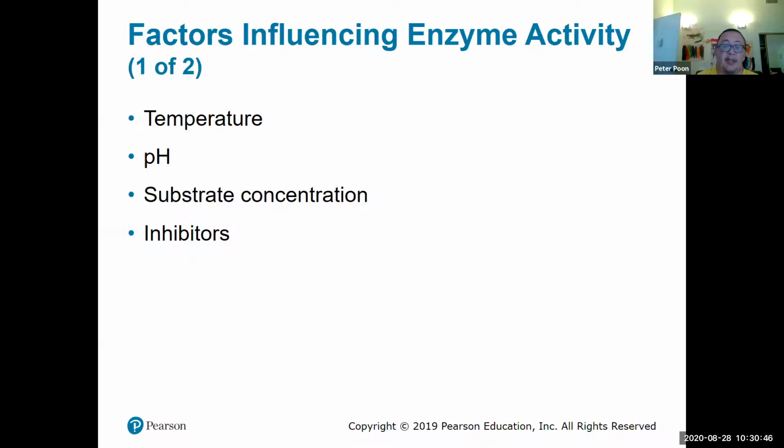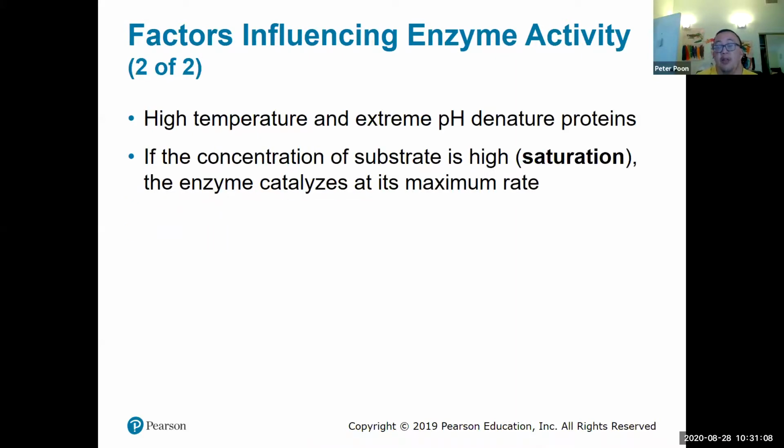Substrate concentration: increasing the substrate concentration will make the enzyme work faster up to a certain amount, and then it maxes out as fast as it can, and it doesn't matter if you increase substrate after that. Enzyme inhibitors are things that purposely inhibit the enzyme, and we'll talk about what they are in a little bit.